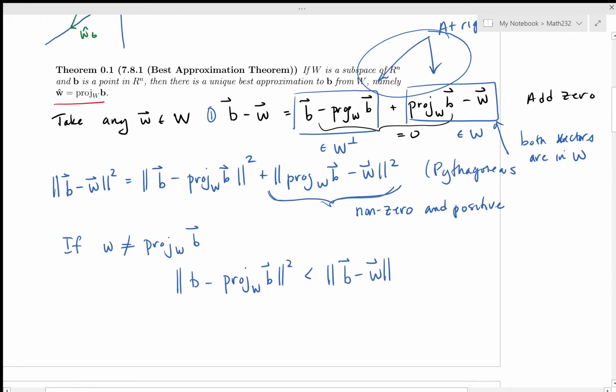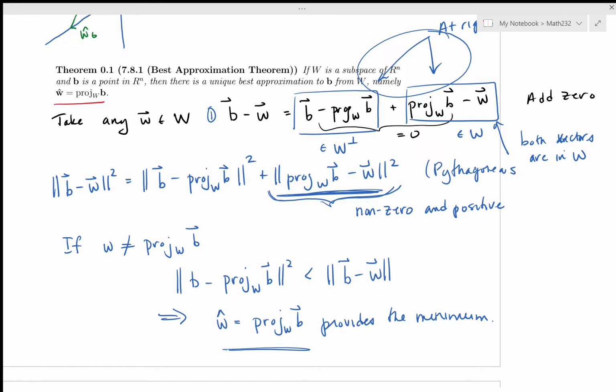That directly tells us that W hat equal to the projection onto W of B provides the minimum. So the fact that if it's not the projection, this thing is non-zero and positive, leads us to the conclusion that this guy here is the minimum.